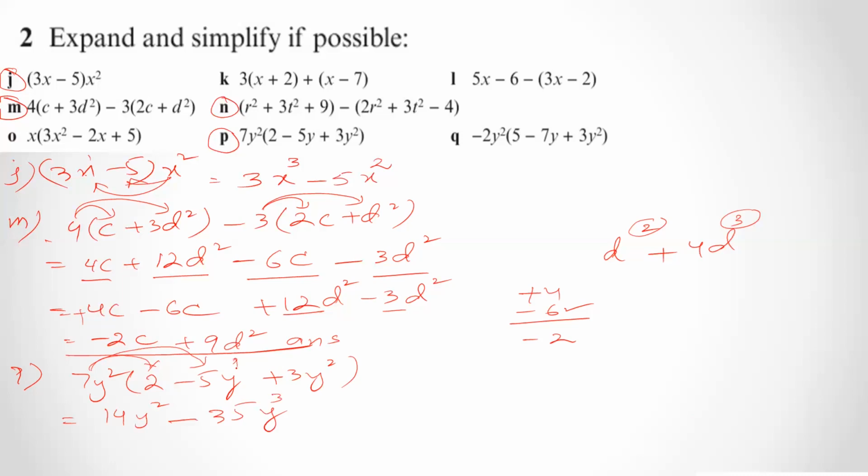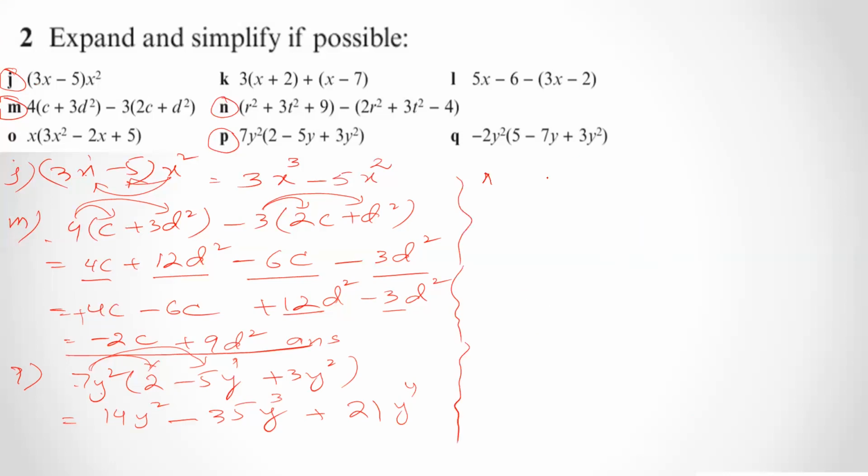And then here plus 7 times 3 is 21 and y square times y square will be y power 4, because 2 plus 2 is 4, their powers. Now we do not have any like term: one is y squared, the other is y cubed, the other is y power 4. So we cannot add any of the terms together, thus it's the simplest form of the algebraic expression.